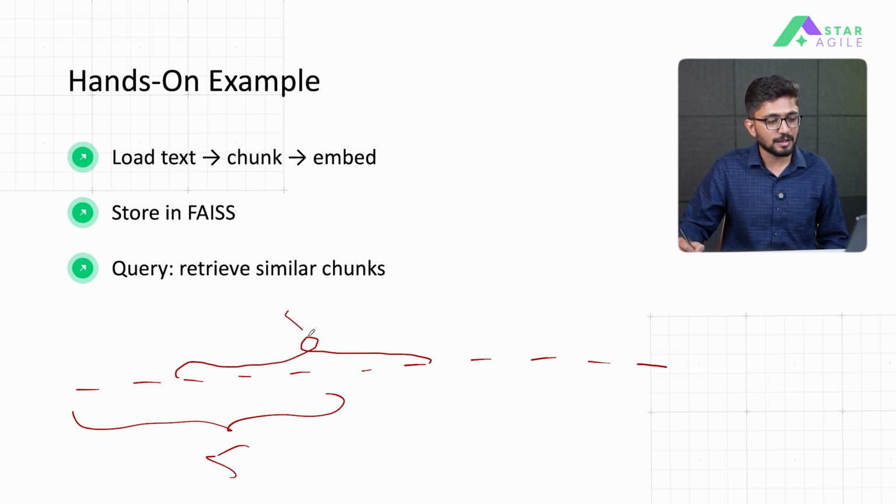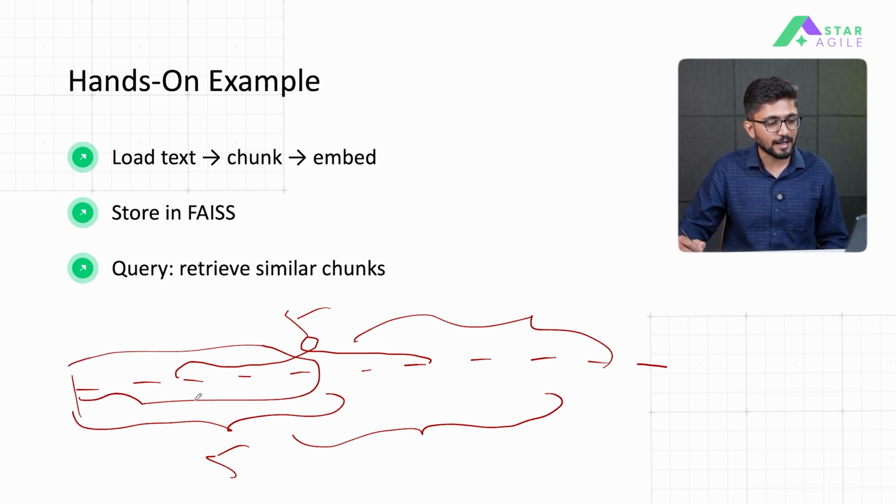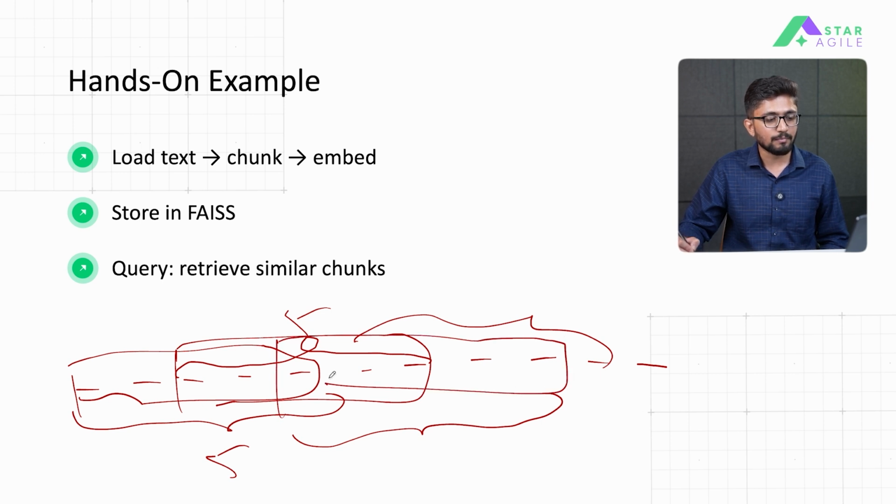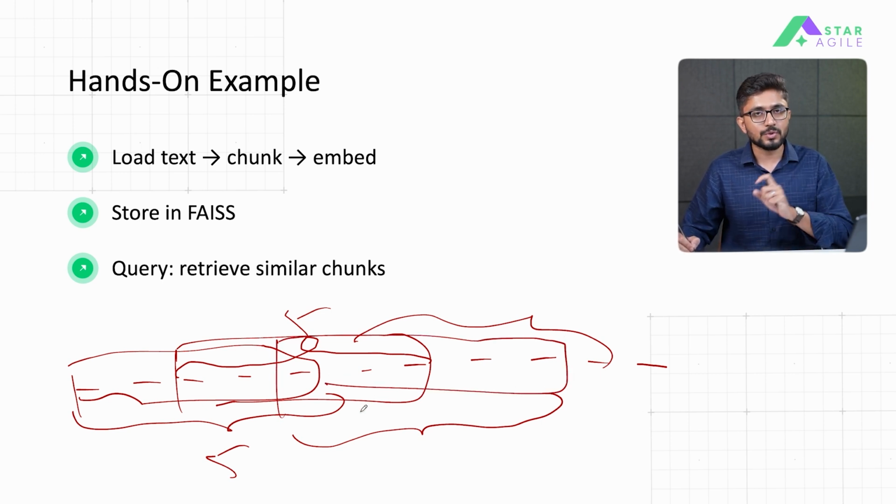So this will basically be the next chunk. Then the next chunk will be this one, and the fourth chunk will be this one, and so on and so forth. So it will break down your original document into chunks of 5 characters each with an overlap of 3 characters. That will basically create my chunks from my original source document.